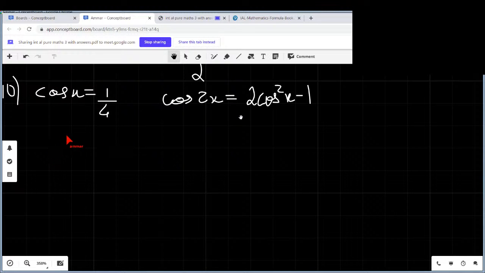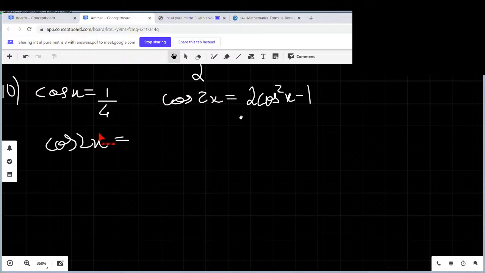You first square both sides if you want to do it that way. Cos squared x is equal to 1 by 16. Then you multiply both sides with 2, so you get 2 cos squared x. And then you subtract 1 from both sides.